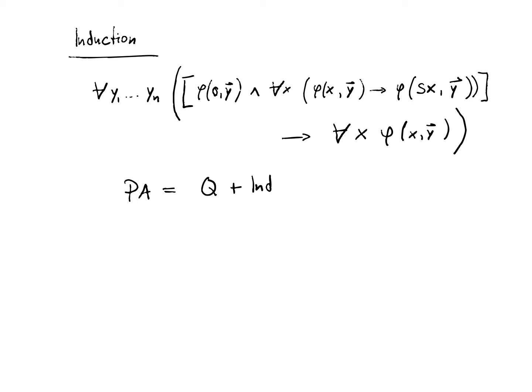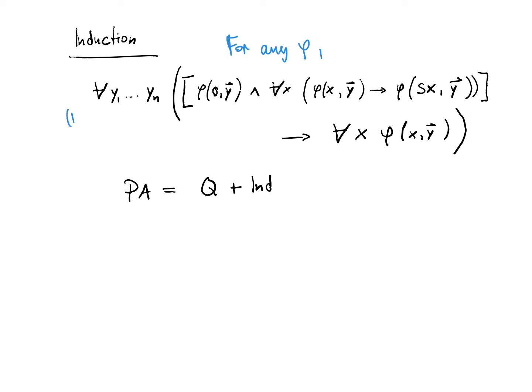To get full PA, we have to add the induction axiom, which is really not an axiom but a scheme, because we have to add it for any formula. So for any formula phi, this is an axiom.